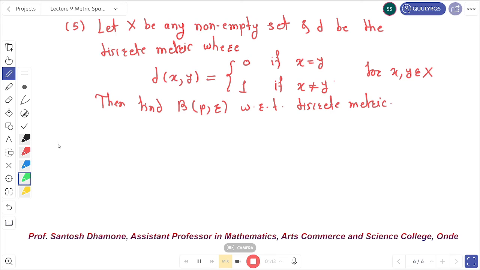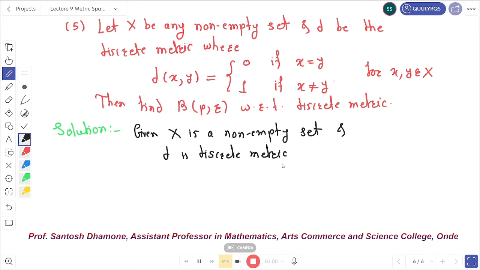Solution. Given X is a non-empty set and d is the discrete metric, defined as above.